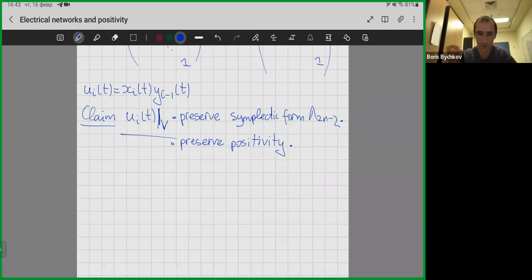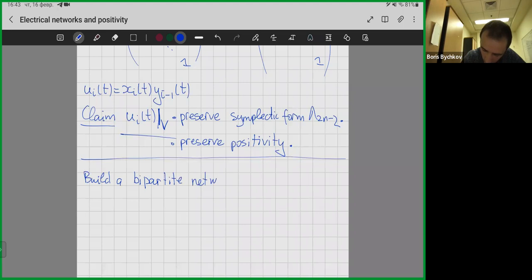So, build a bipartite network from a given planar electrical network.